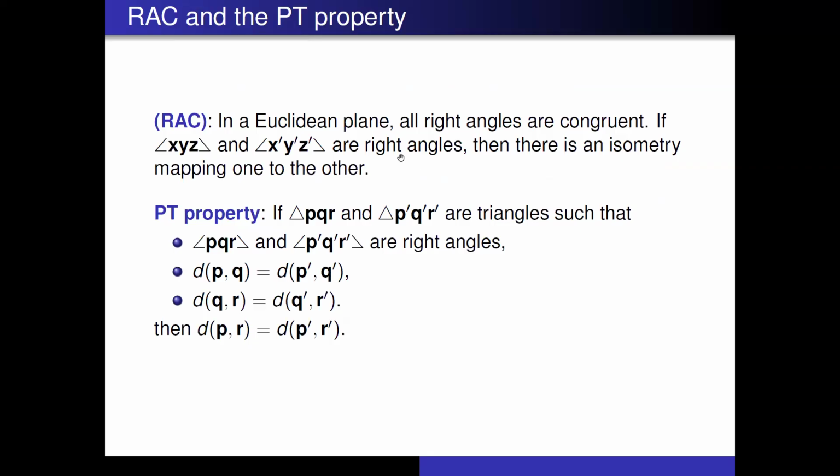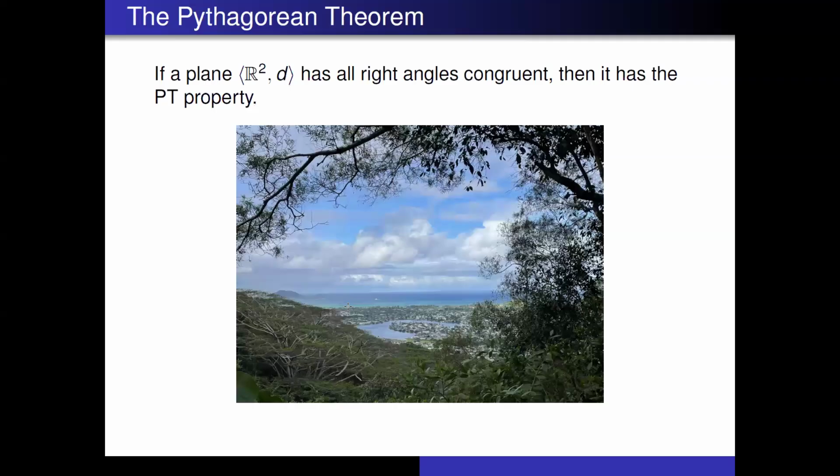That is, for any 2 right angles, there's an isometry taking one to the other. And this is just repeating the previous property. And so we get the Pythagorean in the following form. If you have a plane with the property that all right angles are congruent, then it has the Pythagorean property. Not a squared plus b squared equals c squared, but that the 2 short sides of a right triangle determine the long side.